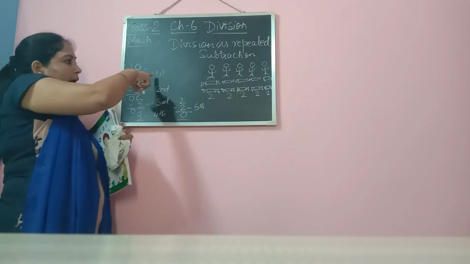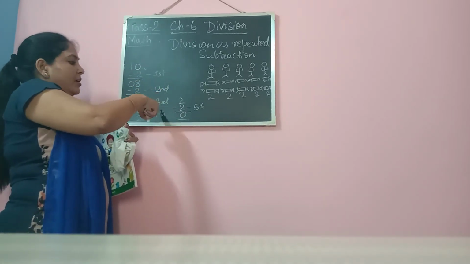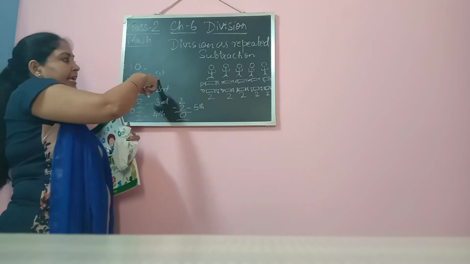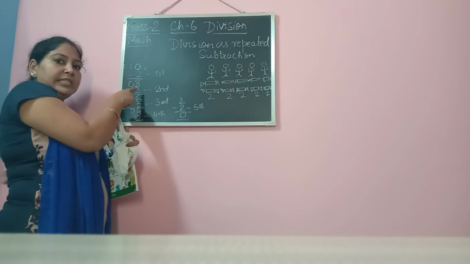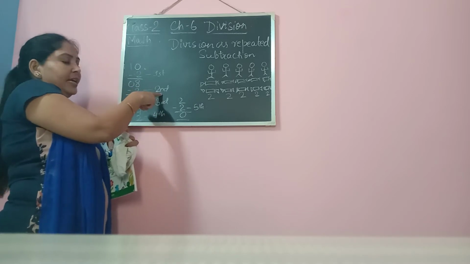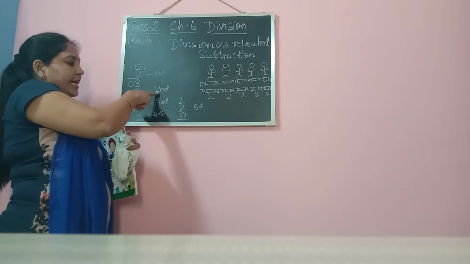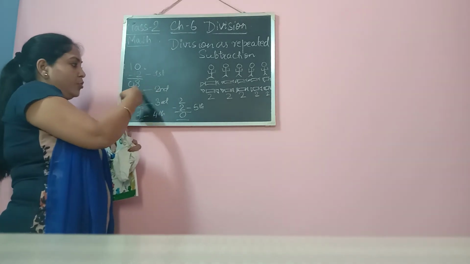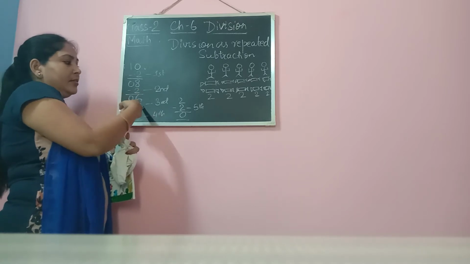So every child is getting, this is the first child, second child, third child, fourth child. When I gave 2 to the first child, still 8 was left. Then again I gave, because I have to divide equally, no? Another 2 toffees to the second child. Then 6 was left.